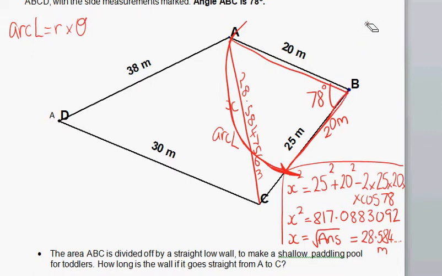So if we just erase that and go back to my pen, over here we might do the change, 78 degrees, and I want to change that to rads. So I'm going to have to times it by pi over 180, or 180 over pi.